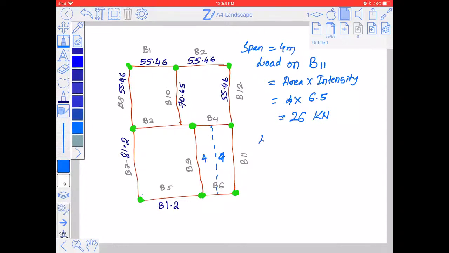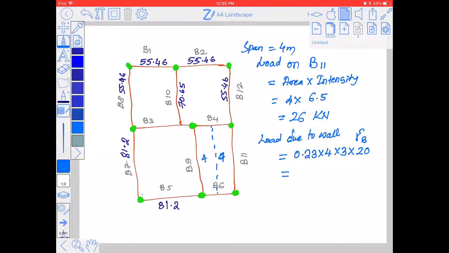Now load due to wall. Load due to wall is equal to thickness of wall 0.23, length is 4 meter, height is 3 meter, and density of brick masonry is equal to 20. What is the load here?